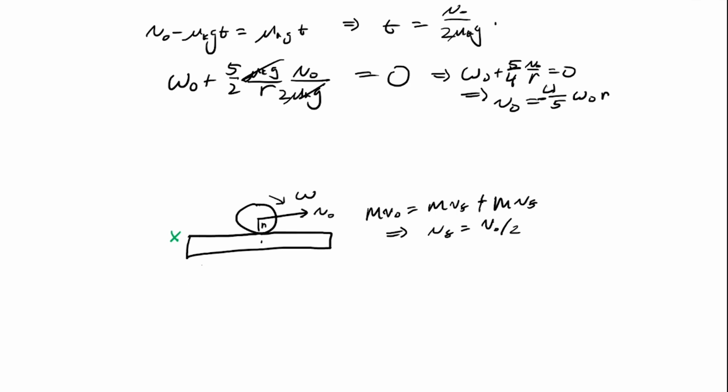So we can write the angular momentum of the ball about this axis and set it equal at the end and at the beginning.